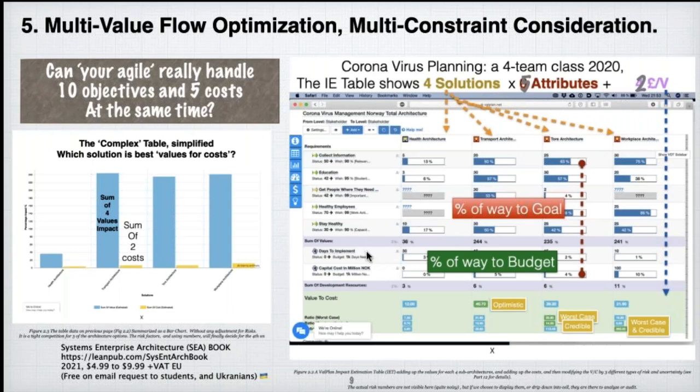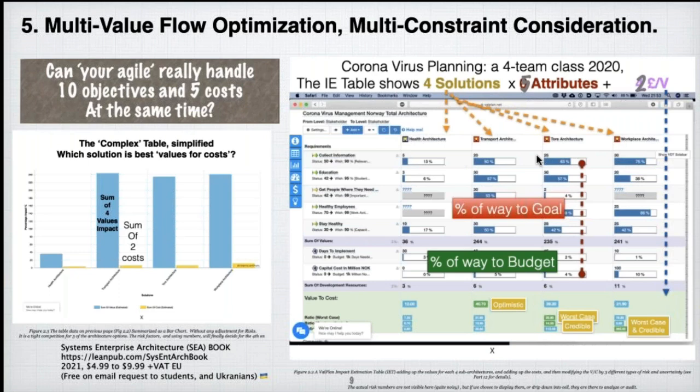But at the same time, we also say, wait a minute, this looks very powerful, but how much is it going to cost? And the answer is 1% of our days to implement budget. In other words, we can do it quickly. And it says here 10% of our capital cost budget. We can afford that. This is pretty good. The value to cost ratio is pretty good here.